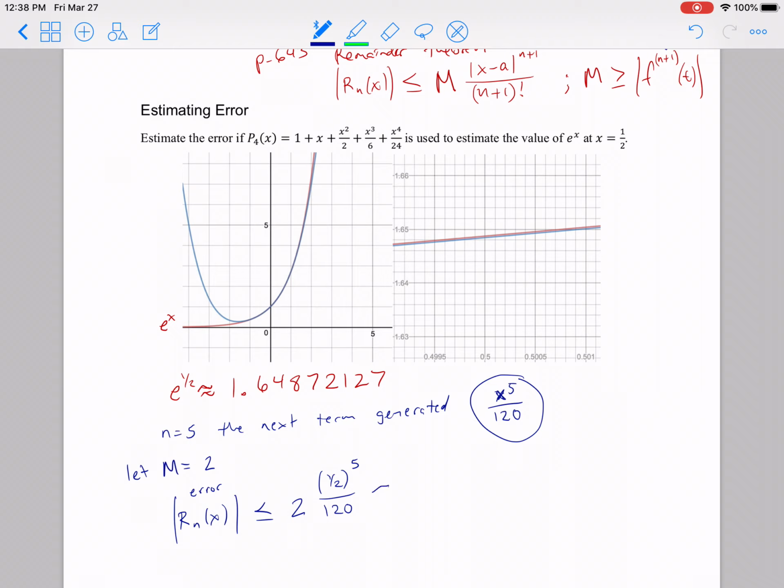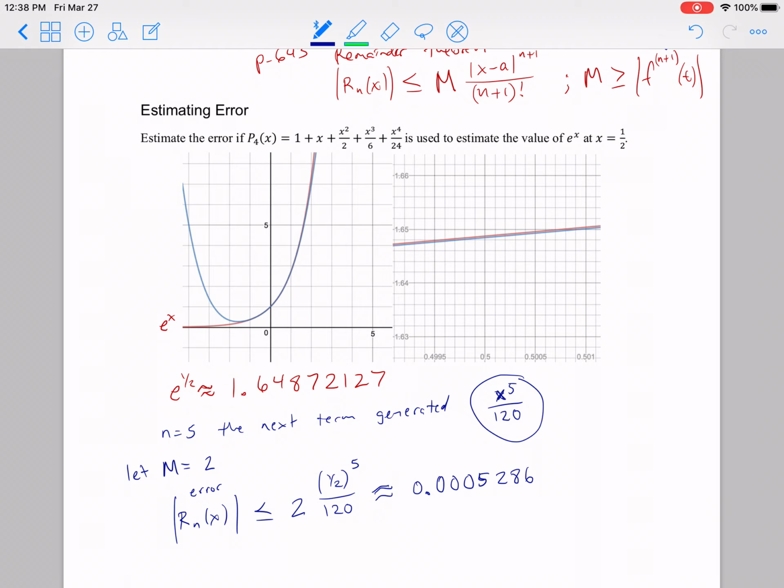If you type that into a calculator, or do it out by hand if you really wanted, you should get about 0.005286. And at that point, that gives us a pretty low error.